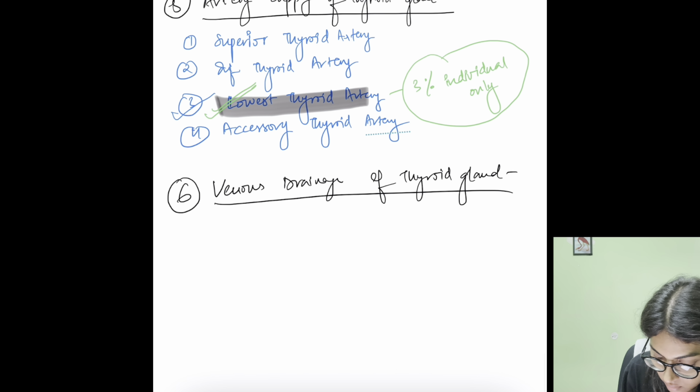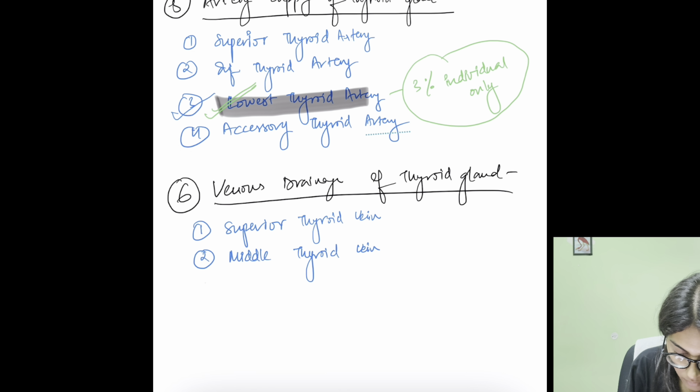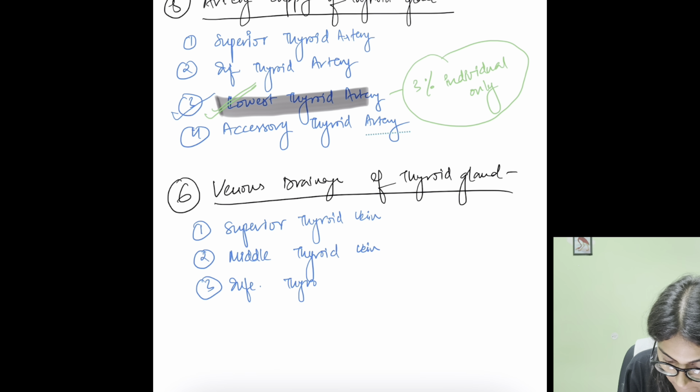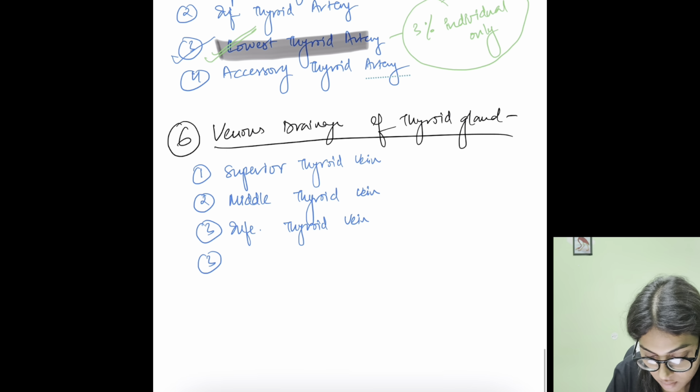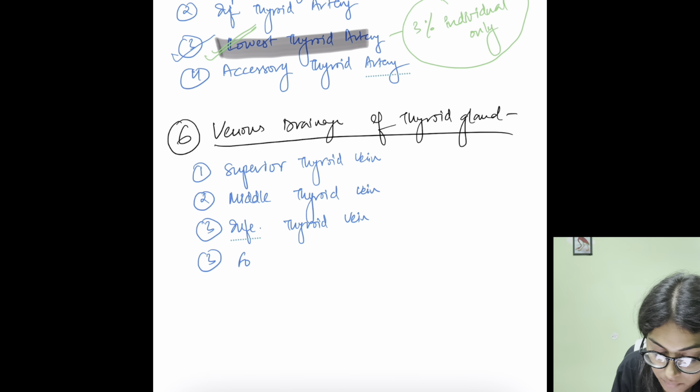Same, we have four veins: superior thyroid vein, middle thyroid vein, inferior thyroid vein, third is our fourth thyroid vein.